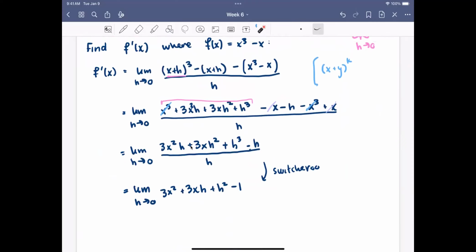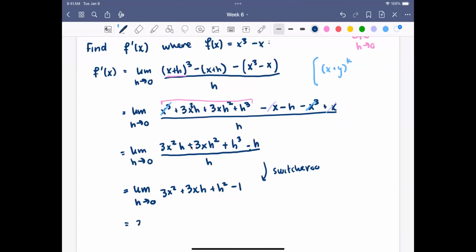Now if we look at this, it appears to have multiple variables in it. You just have to ignore the x's, and think of this as a function of h for the moment. If I plugged in any particular x value, like x equals 5, this whole thing would just be a polynomial in h. We know that polynomials in h are continuous functions, so we can just plug in h equals 0 to find the limit.